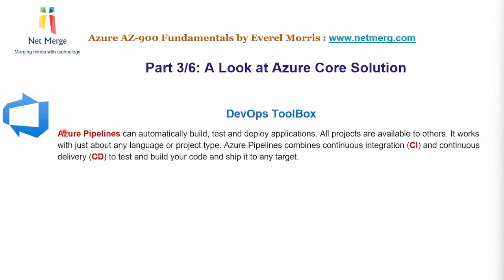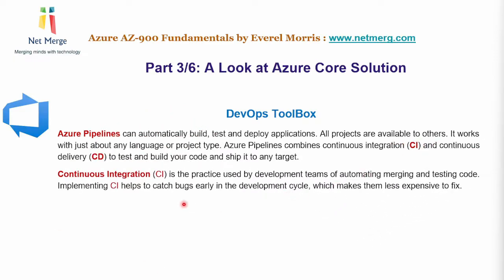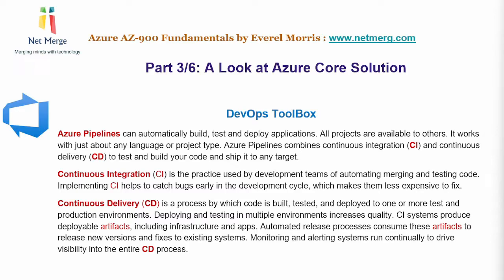So you have a lot of control with DevOps and the different tools in your toolbox, the Azure pipeline. And again, you get continuous integration and continuous delivery to solve complex automation processes in Azure. Those are the two.